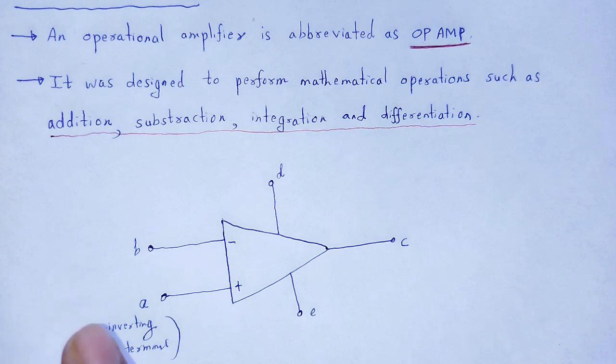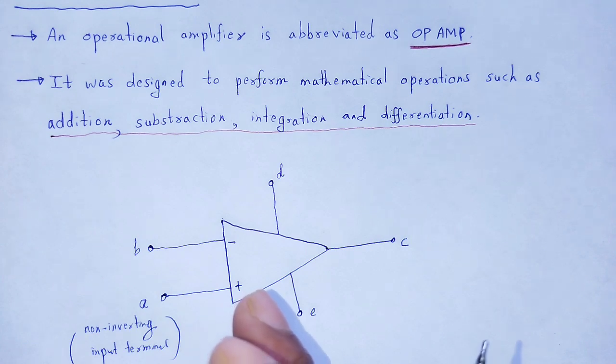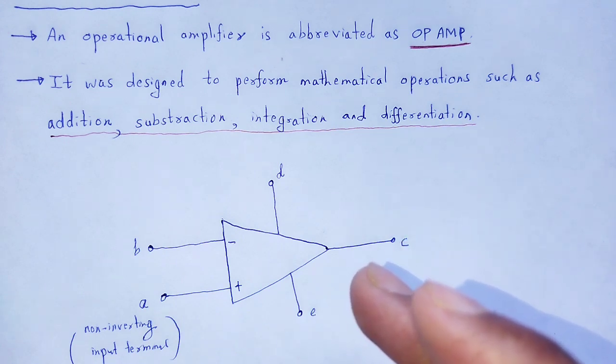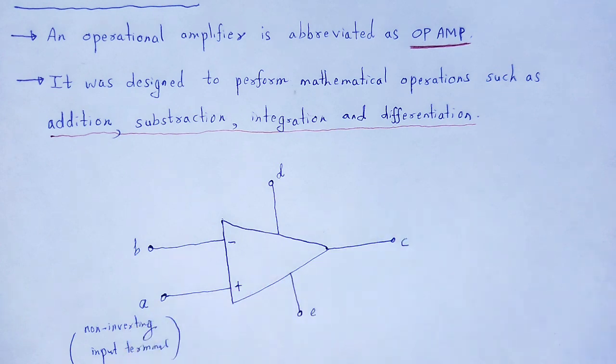If a signal is supplied through that terminal, then at the output we obtain that signal with the same phase as that of the input. Therefore, the terminal is called the non-inverting input terminal.